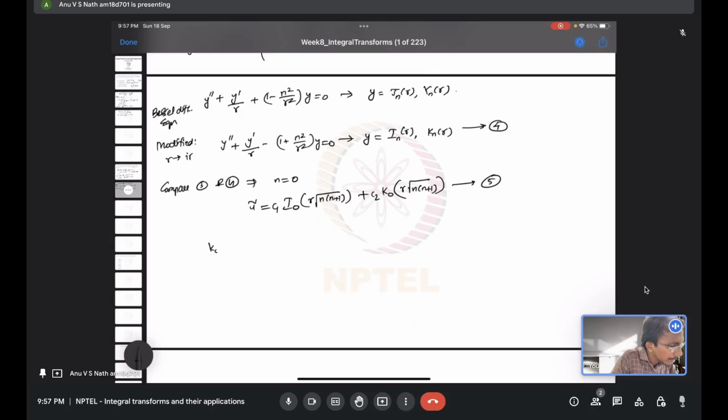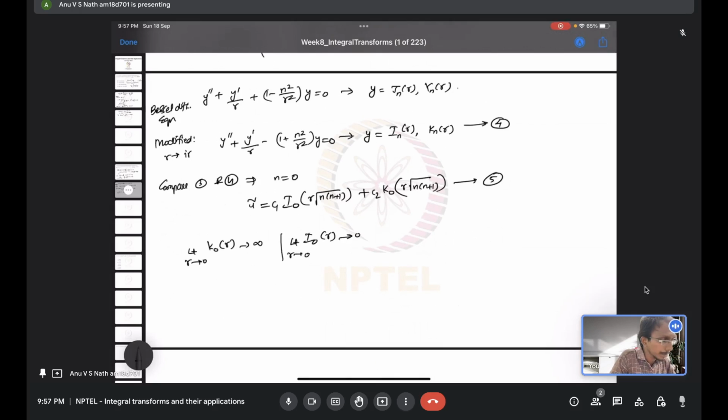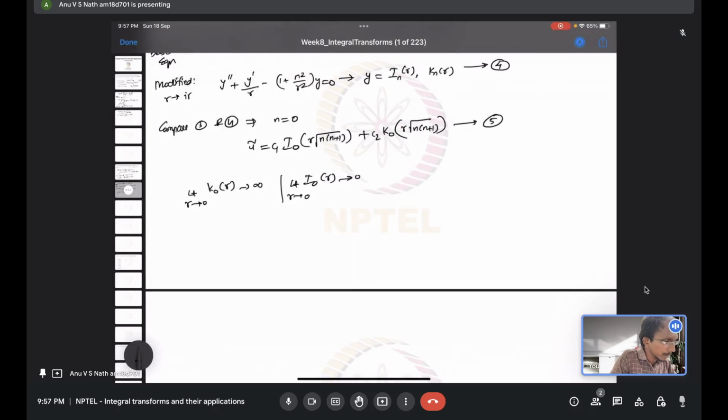So K0 of r in the limit of r tending to 0 is infinite, but I0 of r is not infinite, it is tending to, not 0, I think.